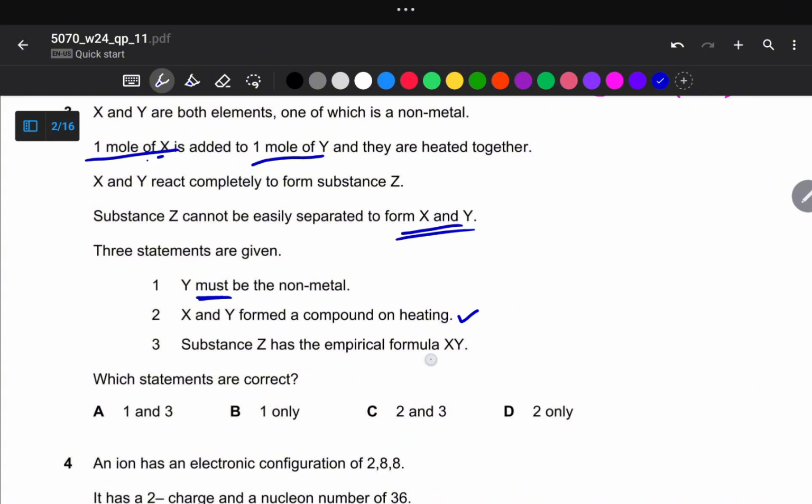So this is correct because the empirical formula is the simplest whole number ratio of a compound. So this one becomes correct. Why? Because they are reacting in the ratio 1:1. Are we together, guys? So statement 1 becomes incorrect, and then we have statements 2 and 3 as our correct statements. So C becomes our answer.